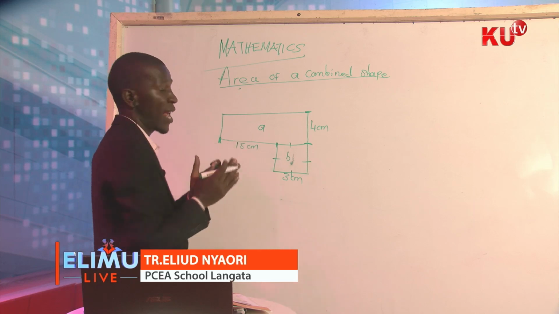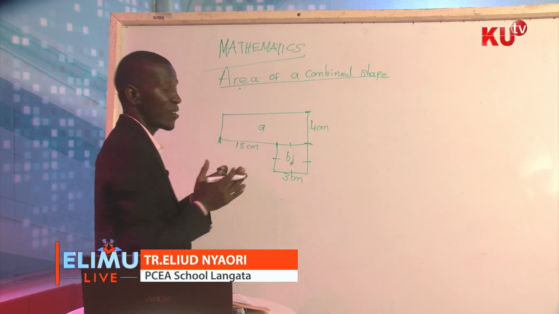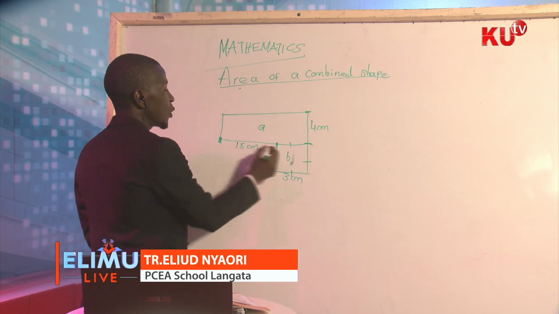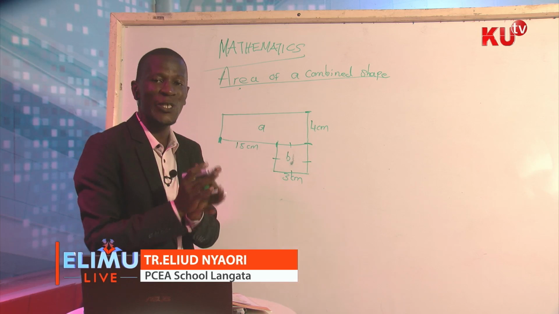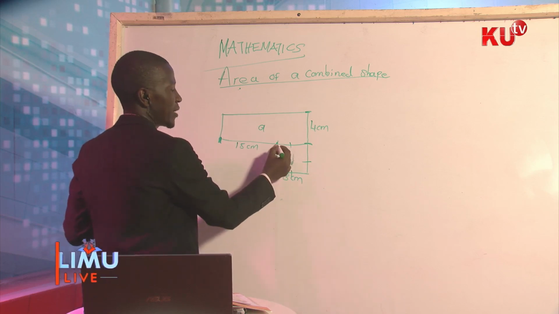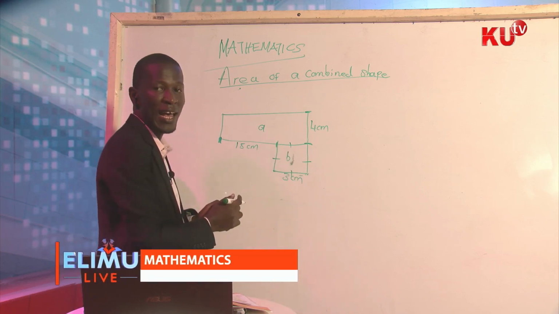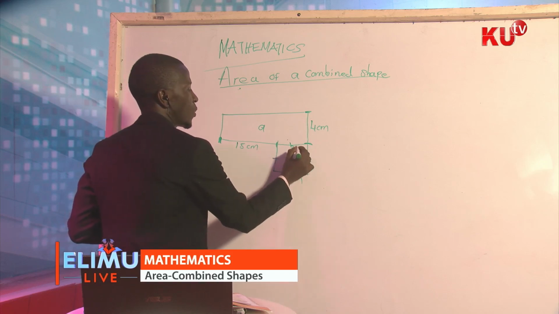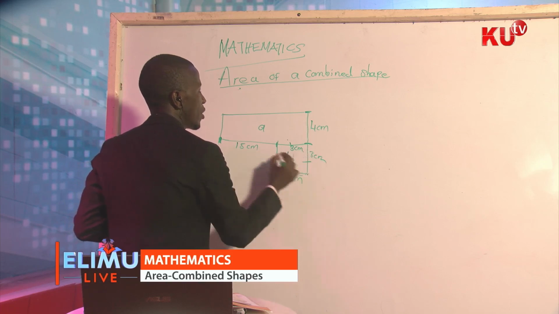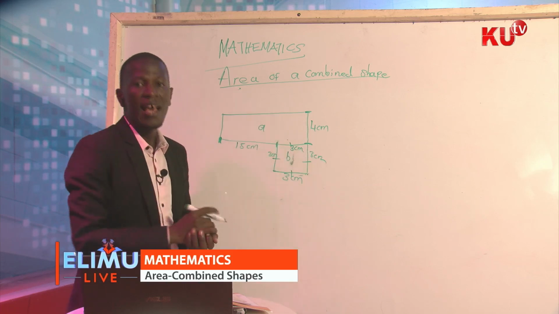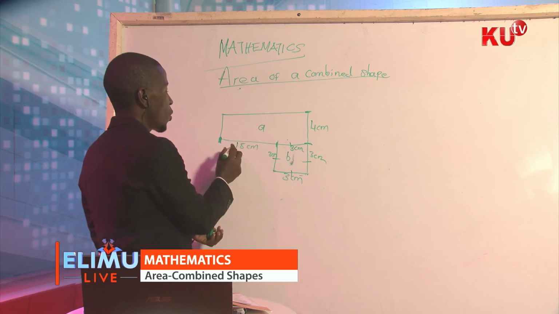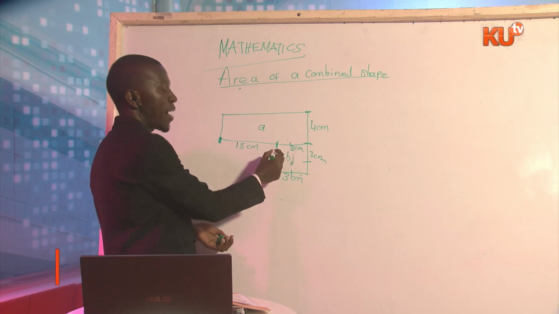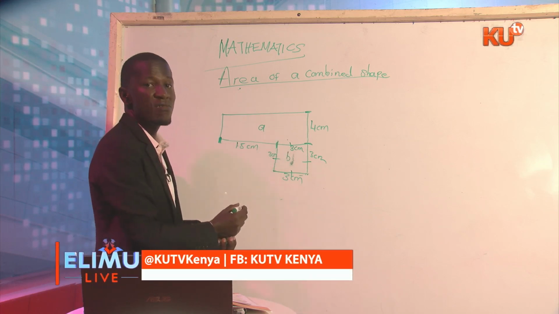From there, ask yourself, what is the length of the rectangle? If from this point to this point is 15 centimeters, then this side is 3 centimeters, which is equal to this side, also 3 centimeters. So what is our length? Our length is now equal to 15 plus 3.